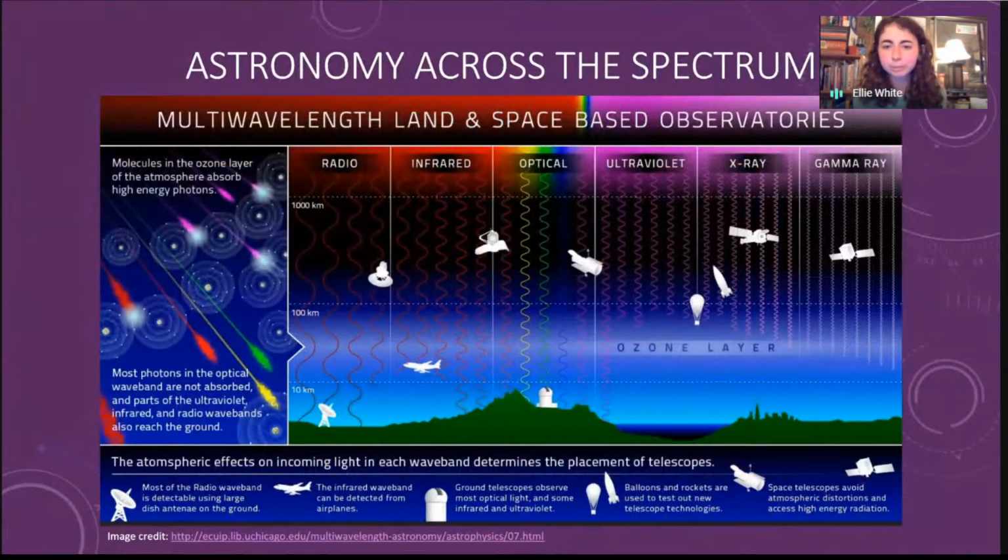Of course, optical astronomy, we all know you can do from the ground. I just think that's a neat representation of why we do astronomy the way that we do, what we can build on the ground versus what we need to launch into space.